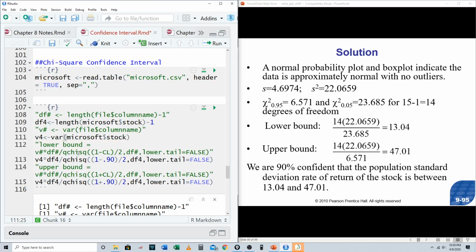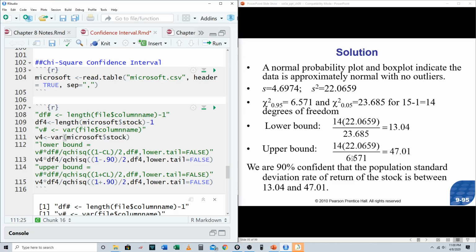Over the chi-square of 1, for the lower bound, it's 1 minus your confidence level over 2, comma degree of freedom, and then lower tail false. For upper bound, it is the same thing, but 1 plus your confidence level. So that's how you tell the difference. This one, using 1 plus your confidence level, will give you your upper bound.